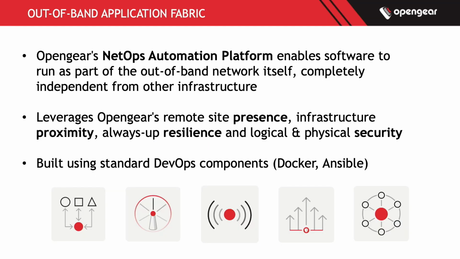So what the NetOps Automation Platform is really doing is it's enabling software to run as part of the Outerband management network itself. So again, software is running on Lighthouse, running on those remote management agents, completely independent of your in-band or production infrastructure. As I said, that really leverages our presence, proximity, resilience, but also our logical and physical security.